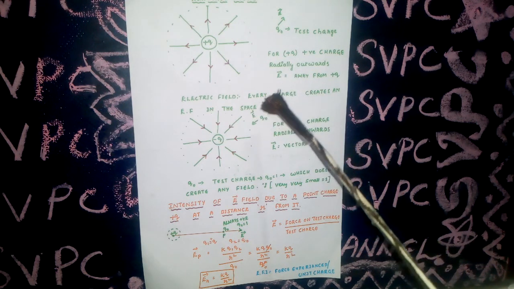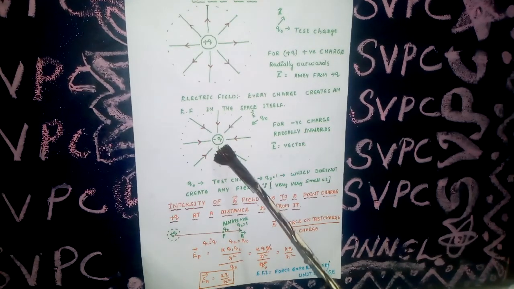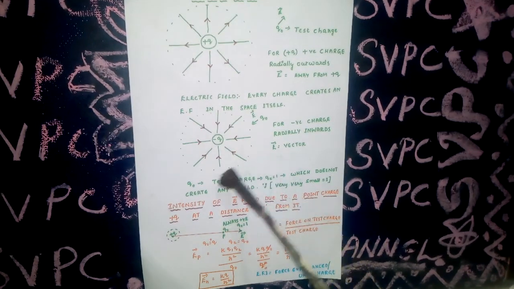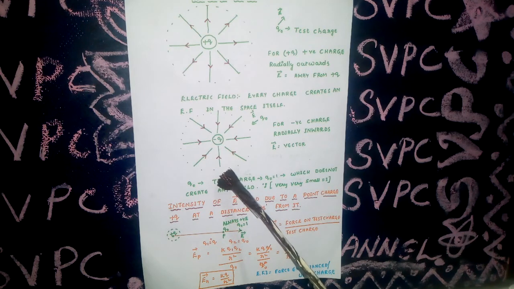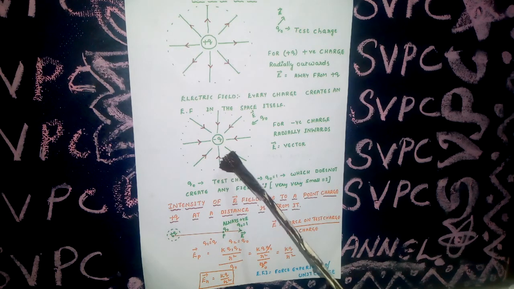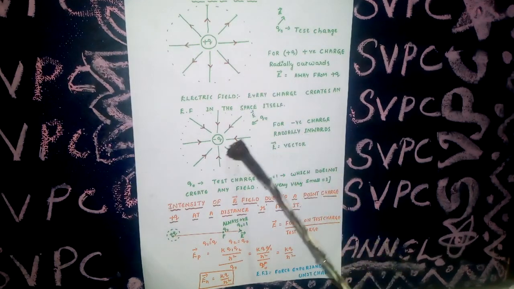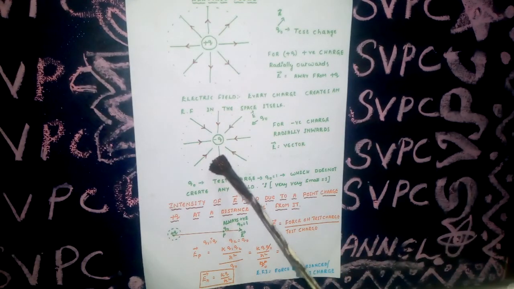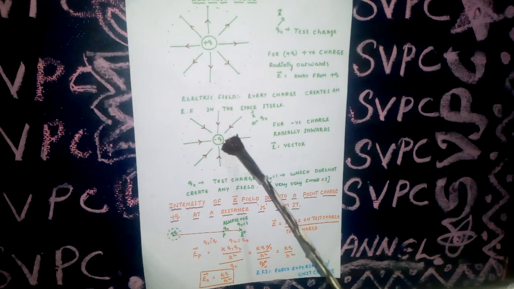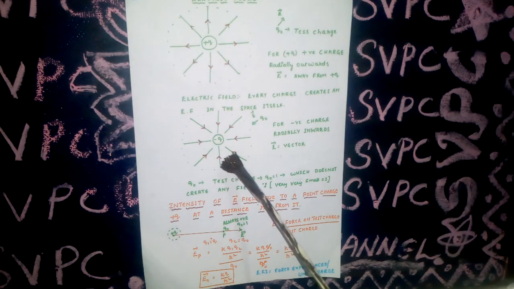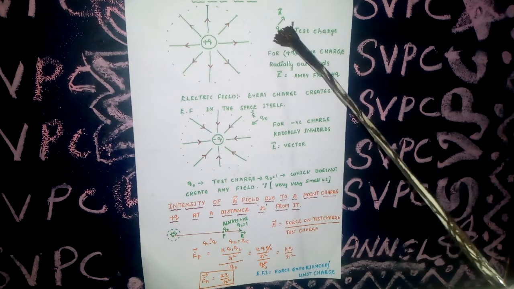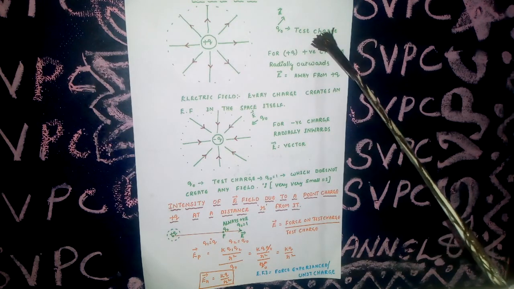Okay, so in the same way, charges will create their own field around themselves, and this is an imaginary field. From the positive charge it is radially outwards, and for the negative charge it is radially inwards. And coming here, plus Q naught, take one test charge.